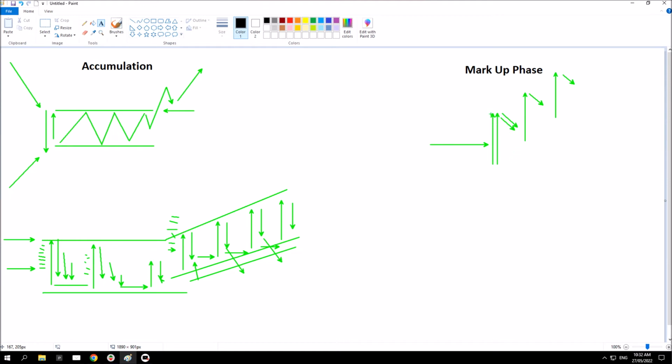And you'll often see this when there's active professionals in the market pushing price higher with some sort of vigor like this, and then a period of consolidation, and then another breakout bar. And this is common in stocks where active traders are involved.